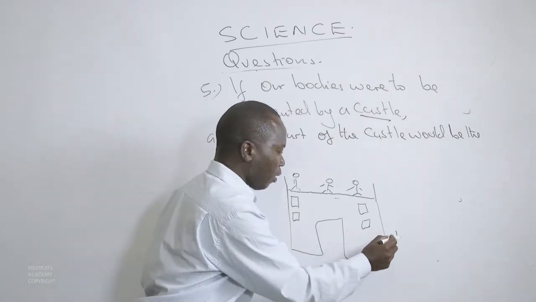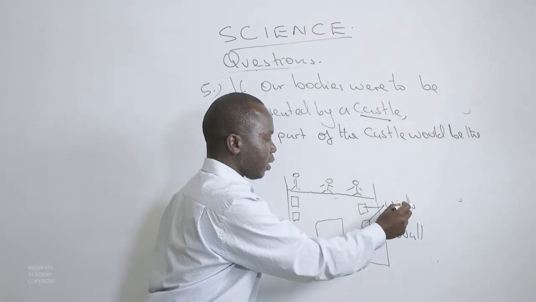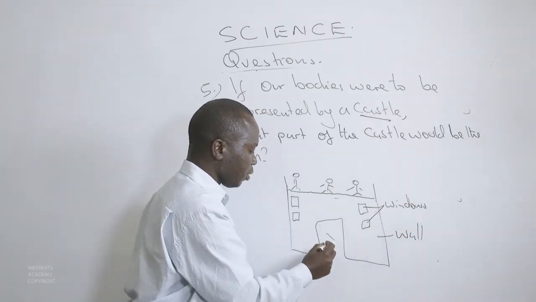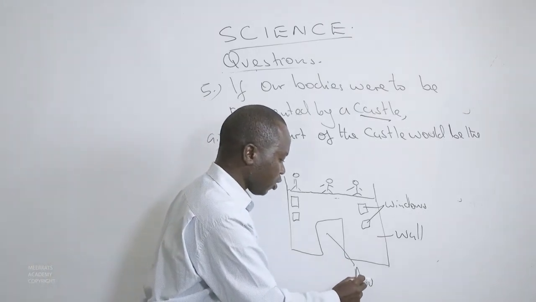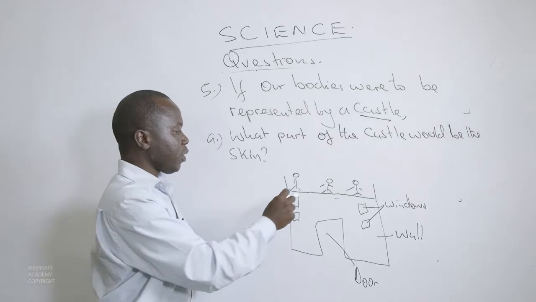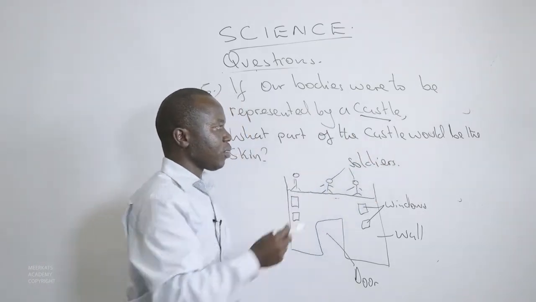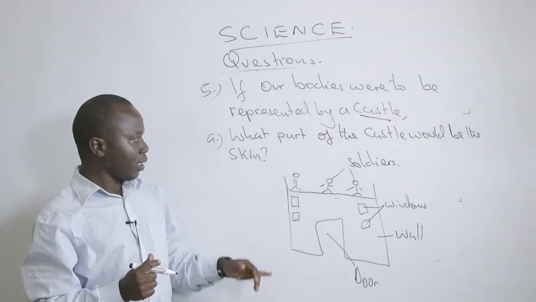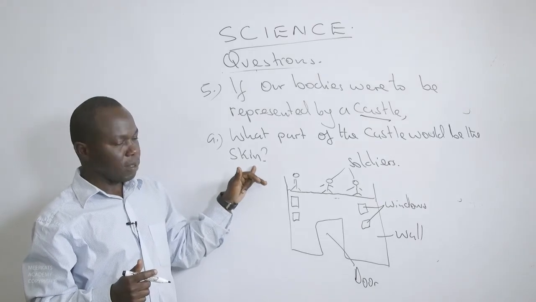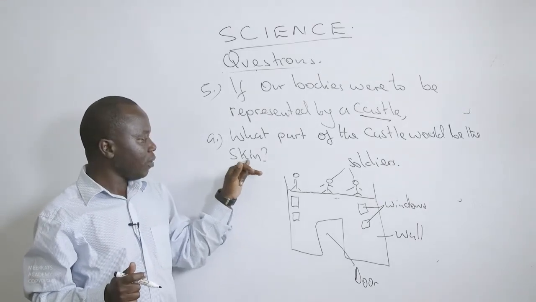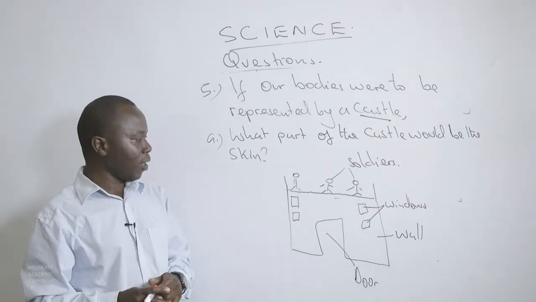So we have a wall on this castle, we have windows on this castle. Remember, it is just built for purpose of protecting the king. A door that's very strong, burglar-proof, and then we have soldiers. That describes a castle. So which part of the castle will represent the skin in our bodies? Remember, we have already gone through the skin, we have said, is the largest organ in our bodies.